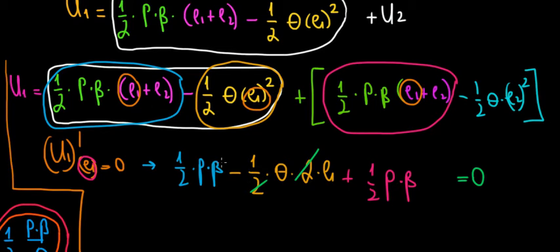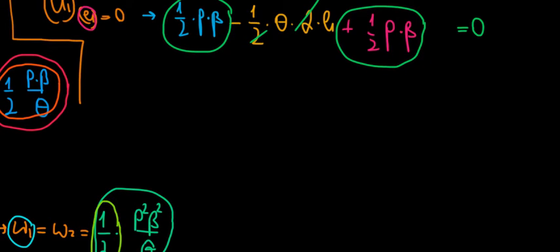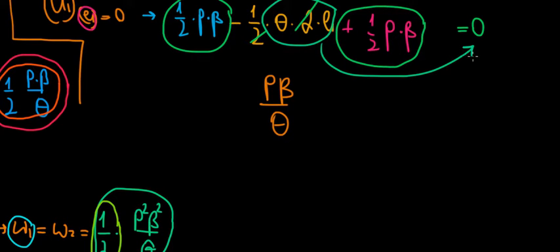So what do we have now? 1/2 P times beta plus 1/2 P times beta. We're adding the same term with two coefficients. 1/2 plus 1/2 is equal to 1, meaning that as a result we have P times beta from those two, and we take the other term to the other side. So theta times E1 goes over there.